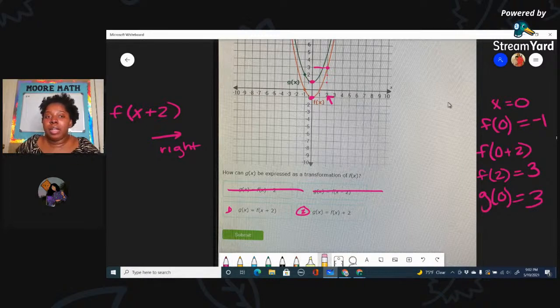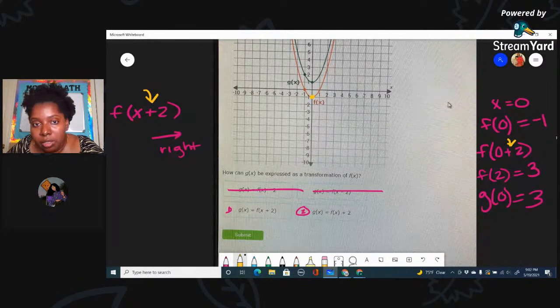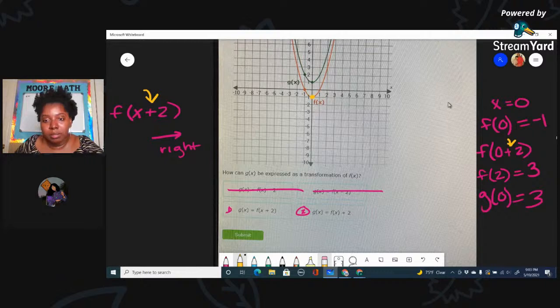So let me just show you what that looks like. If we were to change this right here and add 2 on the inside, we move it to x is 0 and we have f of 2, which is 3. Wait, I did that wrong. No, that's right. g of 0 equals f of 2, and f of 2 is 3.